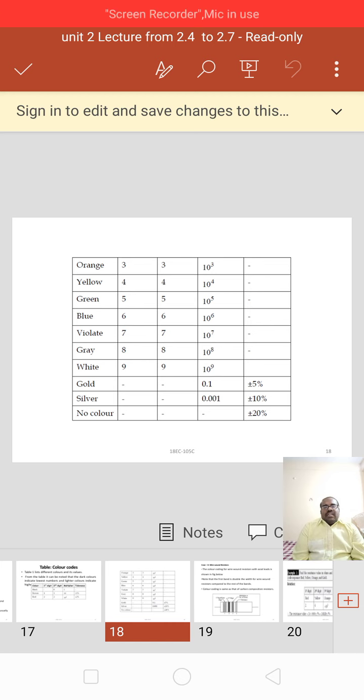There is no color, means first digit 0, second digit 0, tolerance plus or minus 20%. It is the 4 band color coding technique for specifications of different color codes.